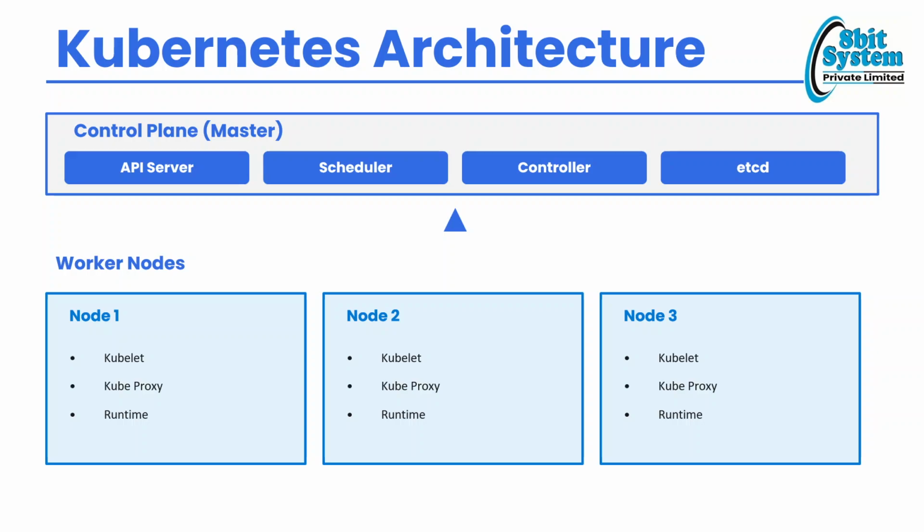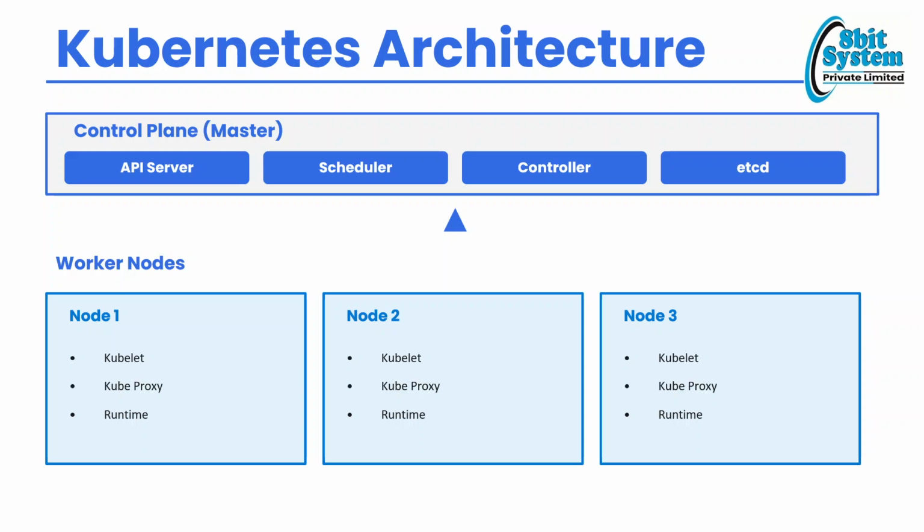Every command goes through here. Second is the scheduler, an intelligent traffic controller. It decides which worker node should run your application. Third is the controller manager, which continuously watches that reality matches what you want. Fourth is etcd, a database storing all configuration and state.